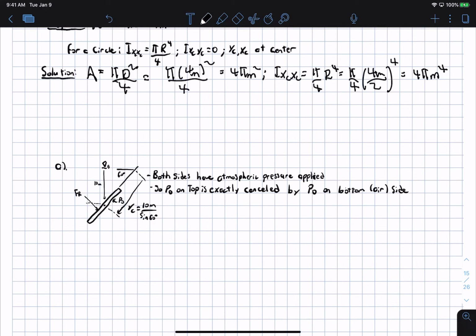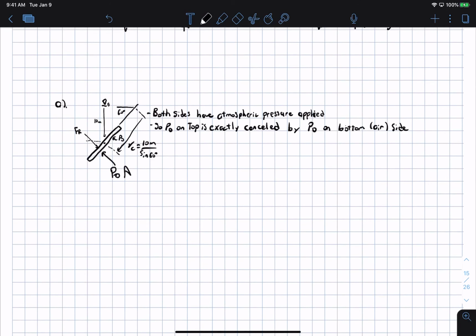Okay, and so we would have P naught times area pushing on the back, because we would have a uniform load of atmospheric pressure pushing on the back. Okay, so the resultant force equals P naught times the area. Here I'm just finding the pressure at the centroid, which is nothing more than the pressure at the centroid.